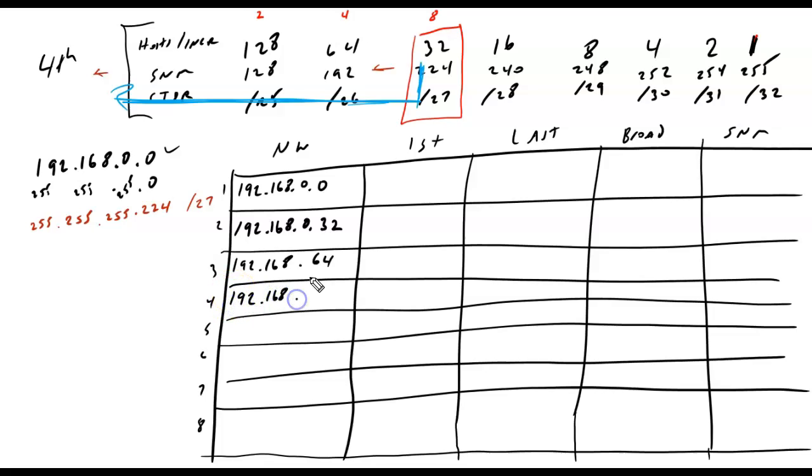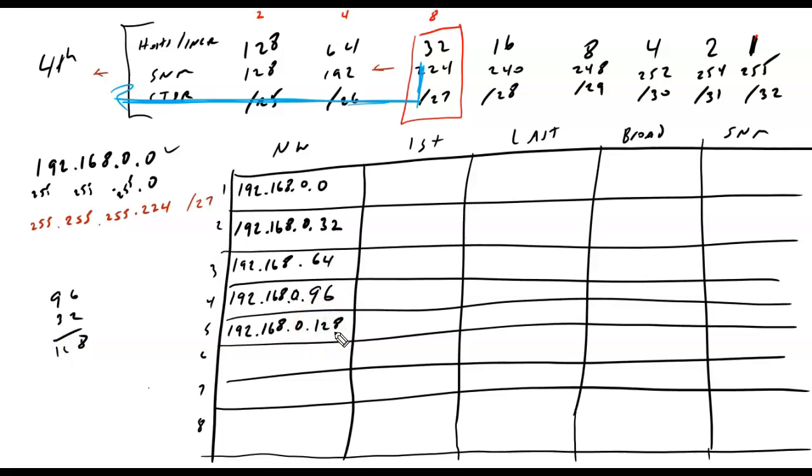The next one will be 192.168.0. Well, what's 64 plus 32? That would be 96. Oh, I didn't put the 0 in there. Next would be 192.168.0.128, since 96 plus 32 would be 128.